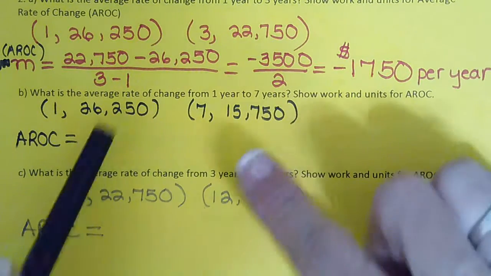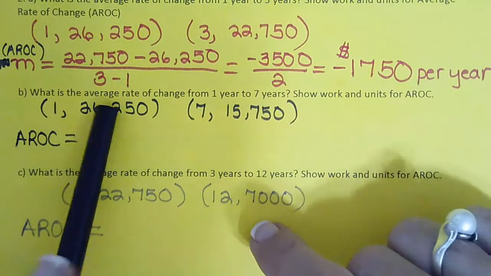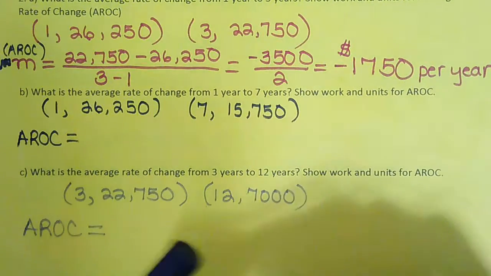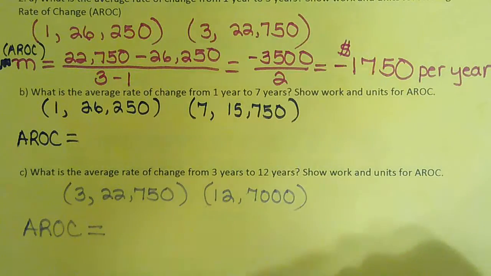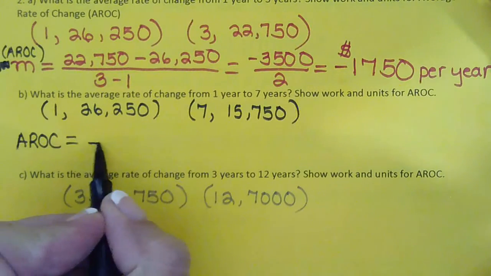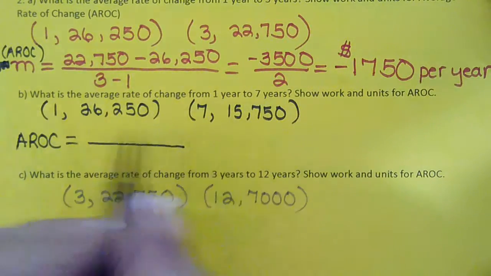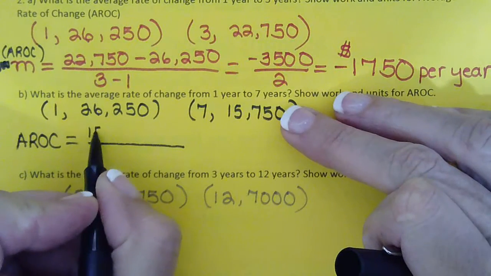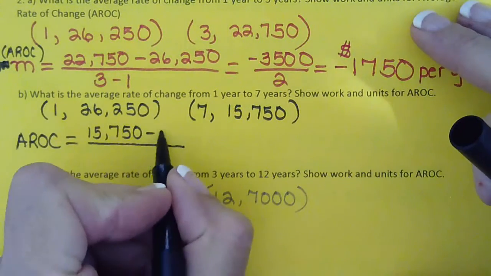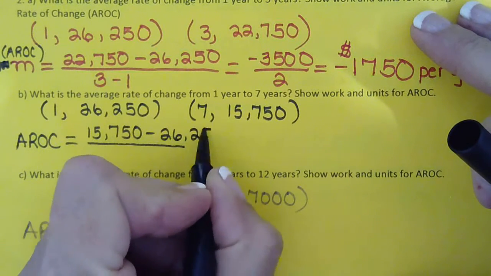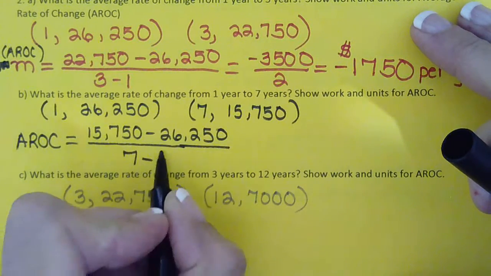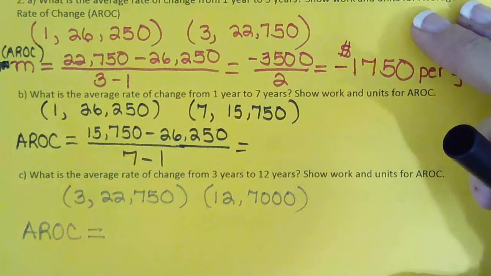So we're going to do slope 2 more times. This is 1 year, this is 7 years, this is 3 years, this is 12. I just copied them from the table while the camera was off so I wouldn't have to keep sliding the paper. Using the formula, we have second y, 15,750, minus the first y, 26,250, over the second x, 7, minus the first x, 1.